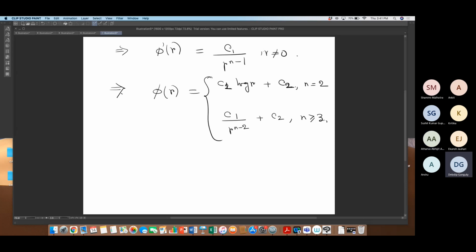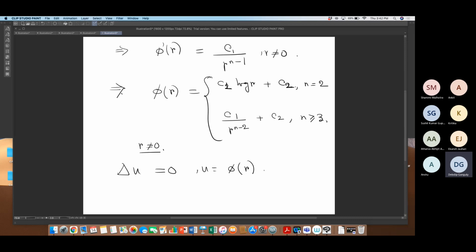Also this is important, you have to understand that this is for r not equal to 0. So you have solved the equation Laplacian is equal to 0 if u is phi of r.